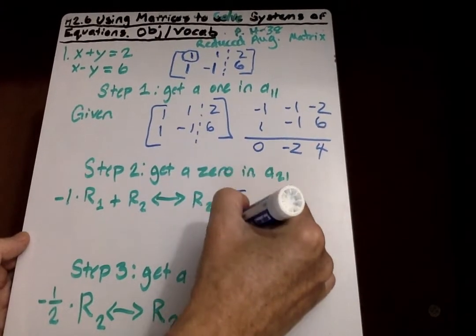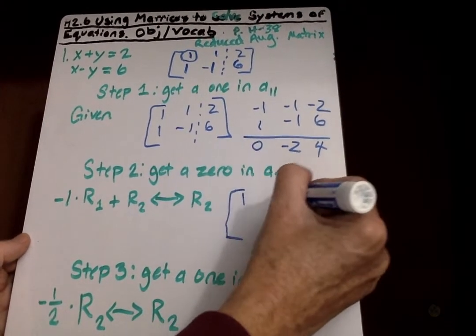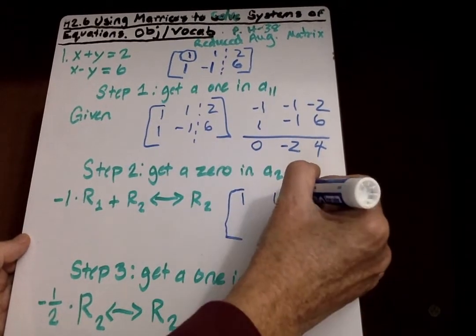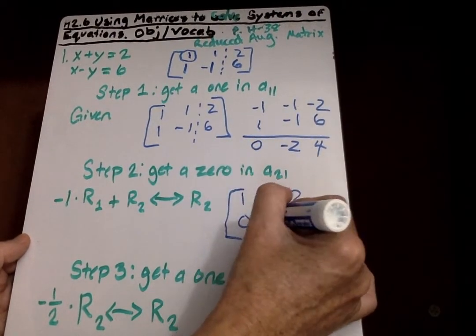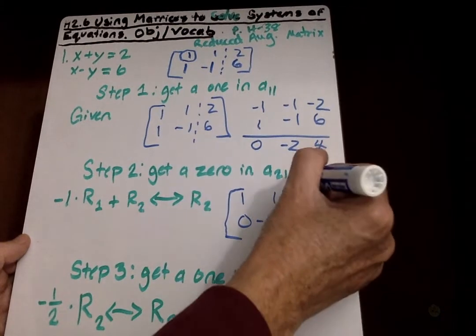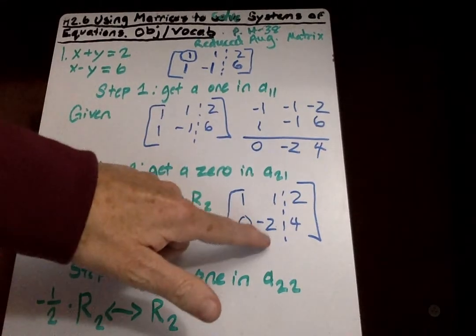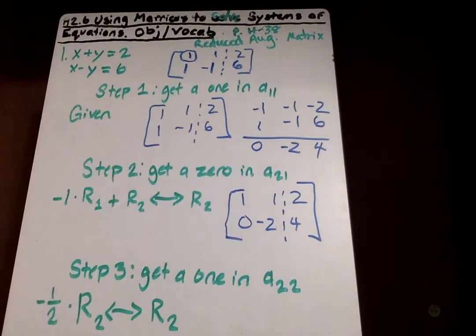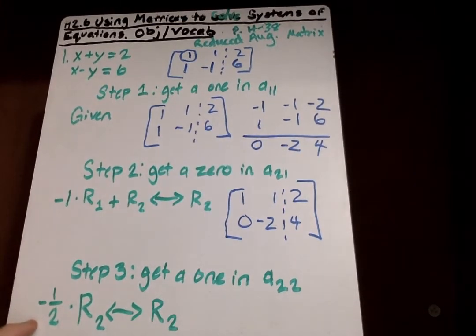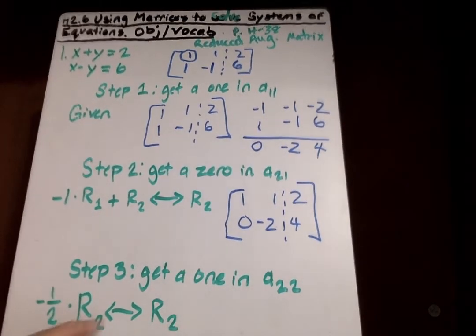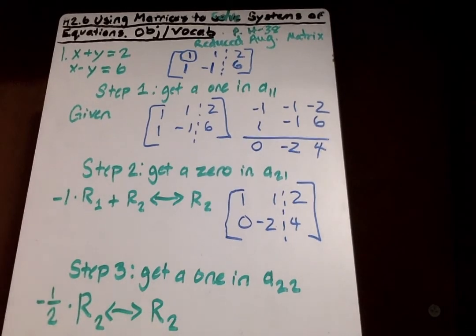So we have row 1, still with 1, 1, 2, and 0, -2, 4. The next step is to get a 1 in this position. What we can do is just divide everything of this row by -2, or the way they do it, multiply -1/2 times row 2 and make that a new row 2.